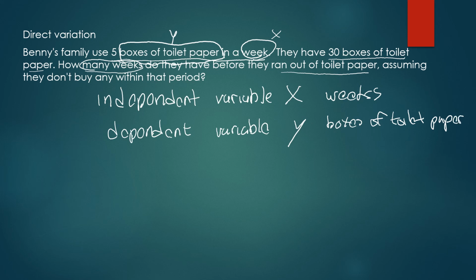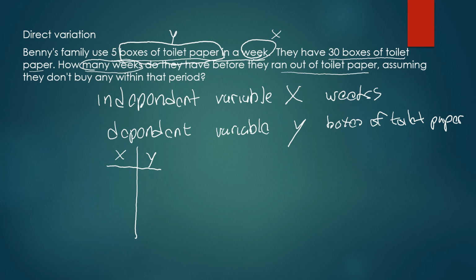Now that we know that, we could go ahead and set up the following problem. If I were to think of the following, let's make a table. So where x is weeks, y is toilet paper.